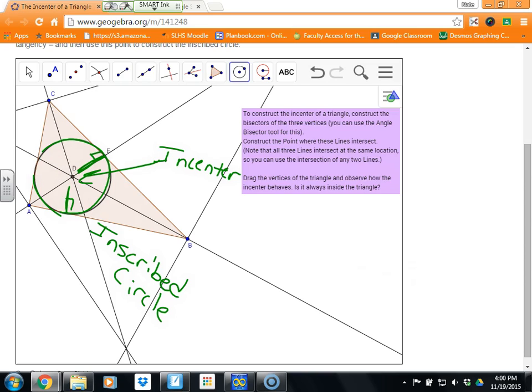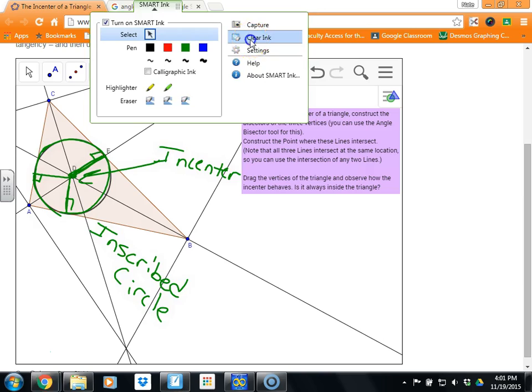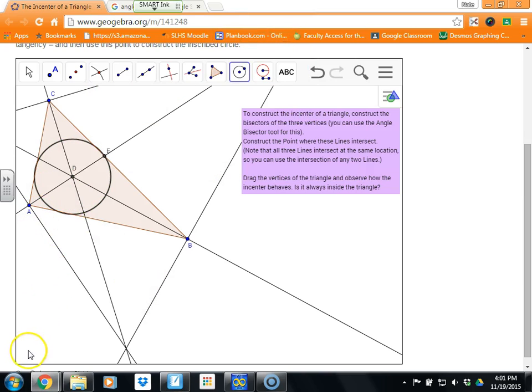And if the radii are all the same, that means from the incenter to the sides are all equidistant. So that's an important feature of the angle bisectors and the incenter to keep in mind. And that'll always be true no matter what kind of triangle we have.